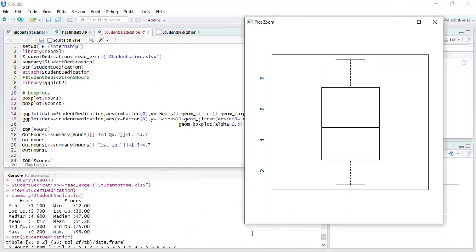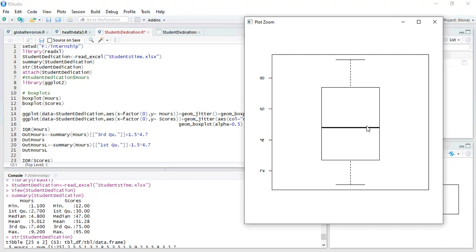If you see, the minimum for hours is 1.1, so it will lie somewhere here, and the maximum is 9.2. The median is 4.8. This is your median, which means if you break the whole data set into two, this is the middle point.